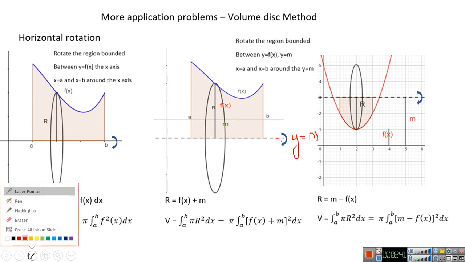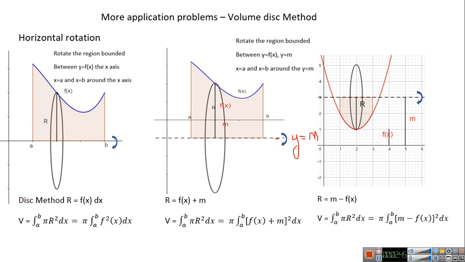Always, guys, I want you to know, when you want to use the disk method, you have the axis of rotation and another boundary and the area in between. So always the radius starts from the axis of rotation towards the other boundary of the area. So this is the radius.